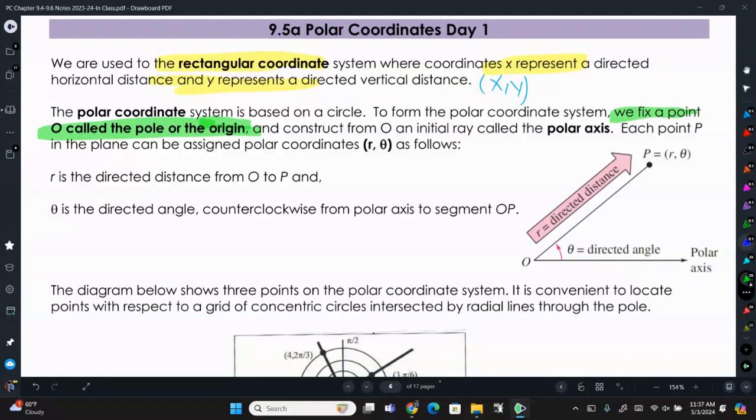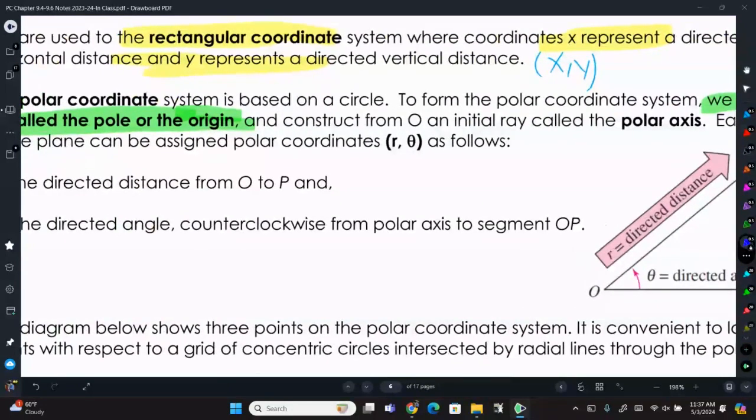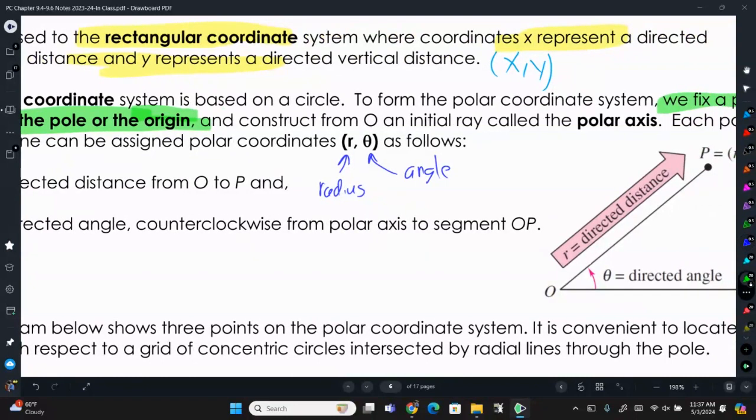And when we talk about points in the coordinate plane, they are in the form r comma theta. So r would be your radius, and theta would be your angle from the positive x-axis, which is called, right here, the polar axis.